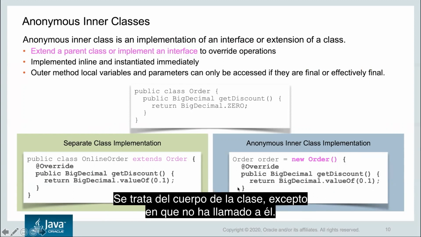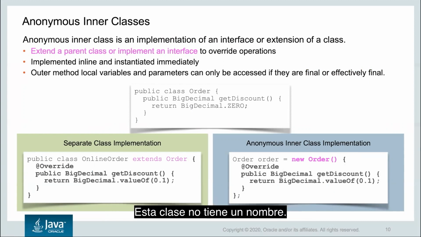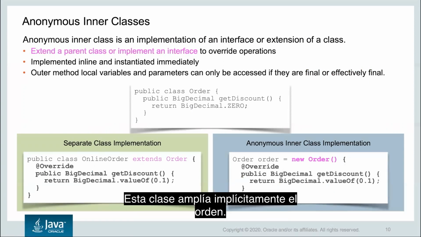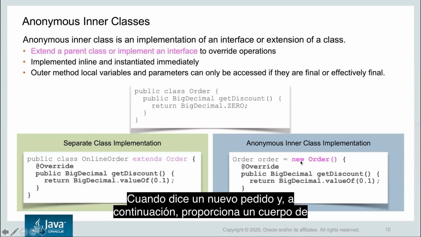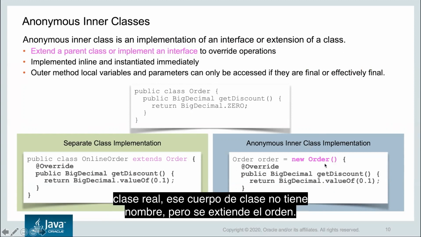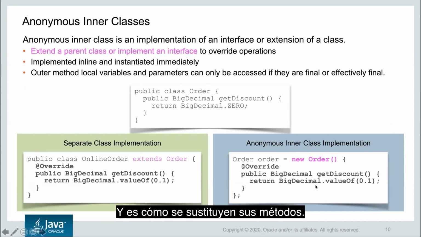This is the class body, except that you didn't call it anything. This class doesn't have a name. This class implicitly extends Order. When you say new Order and then provide an actual class body, that class body has no name, but it extends Order. And that's how you override its methods.